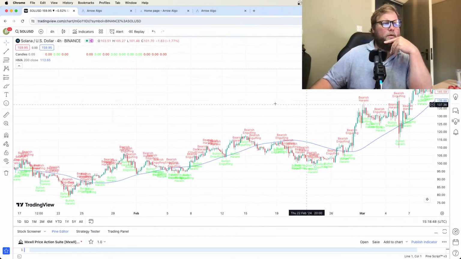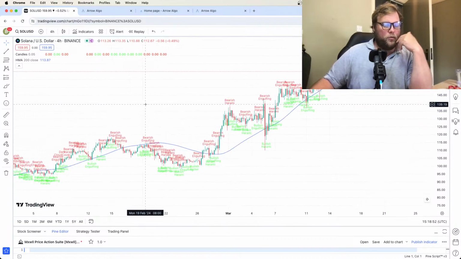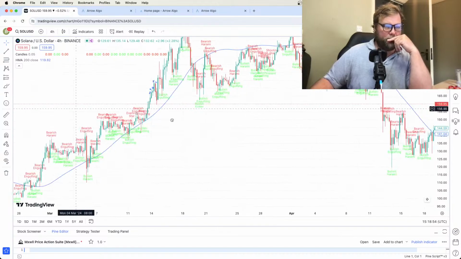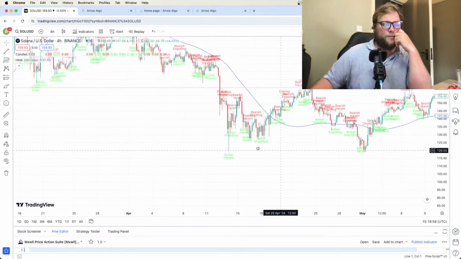So we'll look at how it performs over a 3-month period, 6-month period, 12-month period in bull, bear, and sideways conditions. So we'll get a good holistic overview of how our strategy performs in different types of markets.